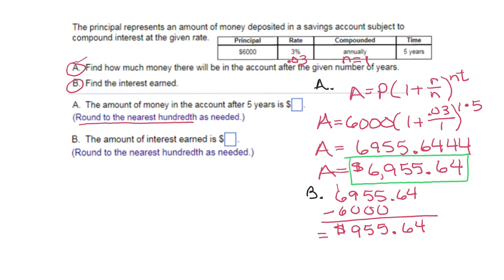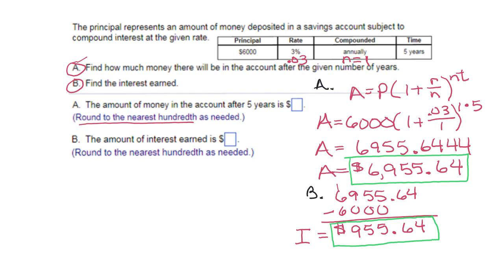And this is equal to the amount of interest that has accrued over 5 years. So once again, you take your future value minus the amount of money that was deposited, the $6,000, and you're left with the interest.